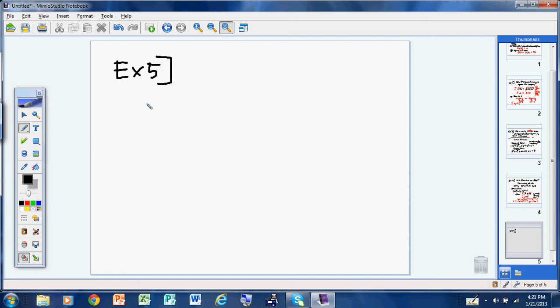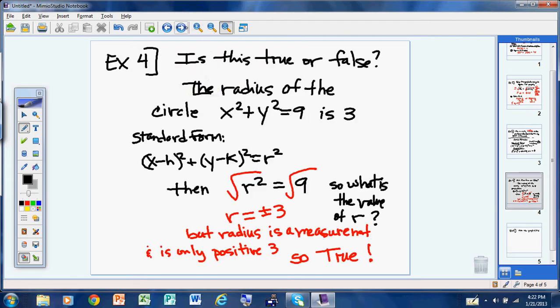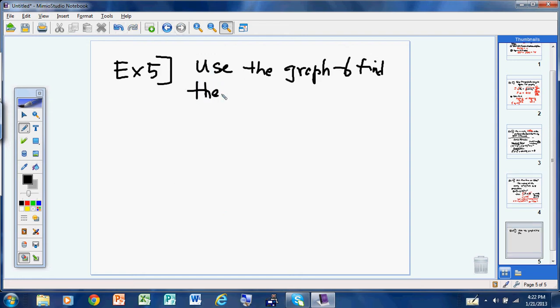Example number 5 says, use the graph to find the center and radius, then write standard form.